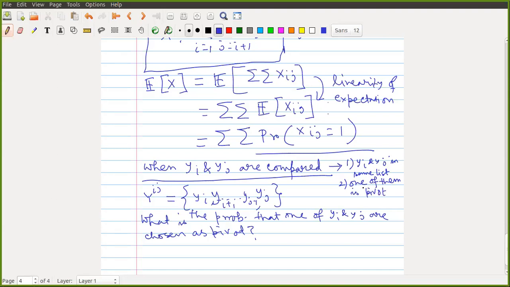This pivot is chosen by random picking, uniformly and independently, whenever we choose a pivot. These are the two cases when y_i and y_j are compared, when X_ij is 1. This is the most critical part, and beyond that it is just a few algebraic manipulations.